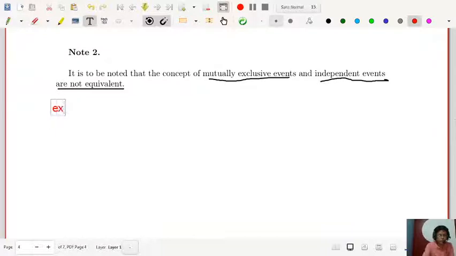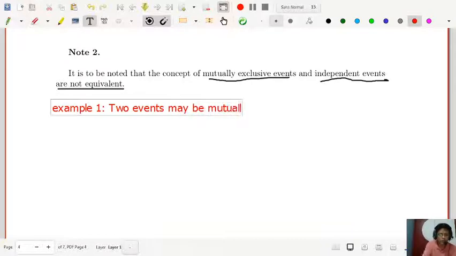In example 1 we will show two events may be mutually exclusive but not independent.